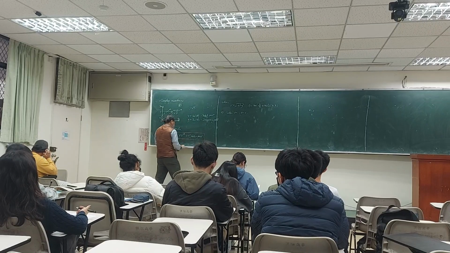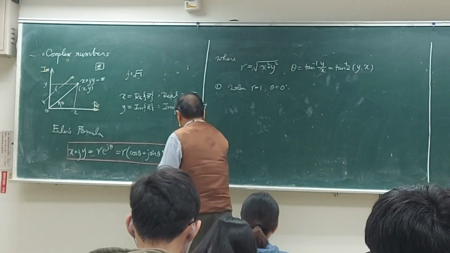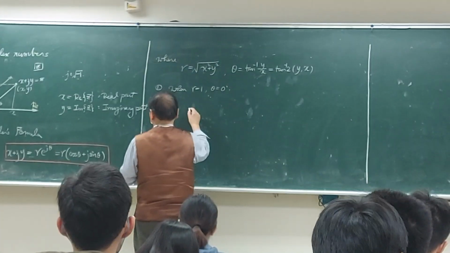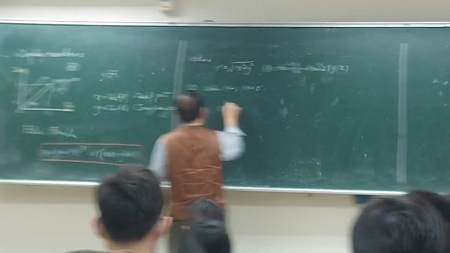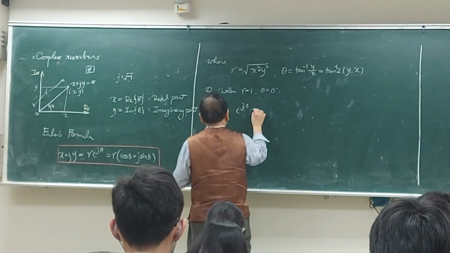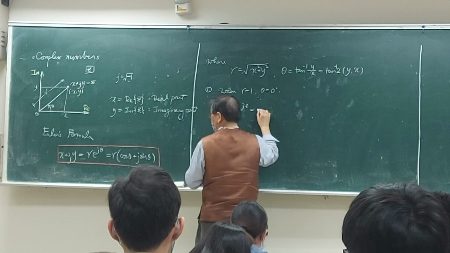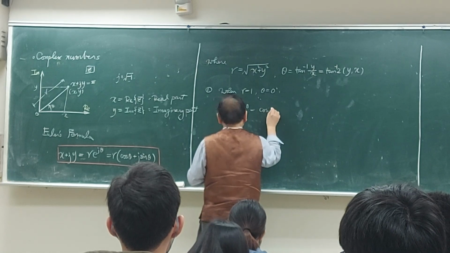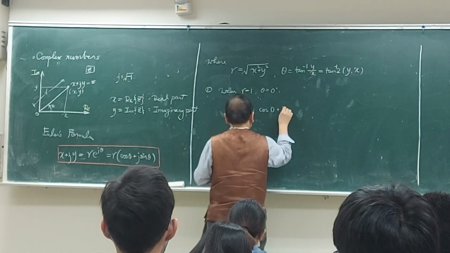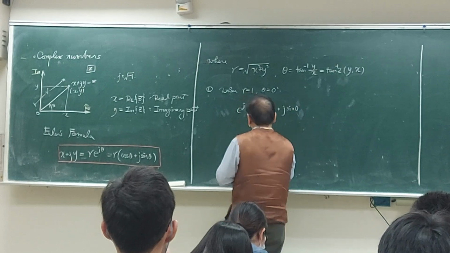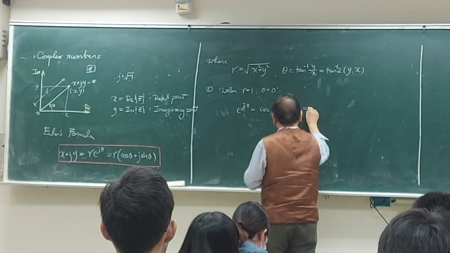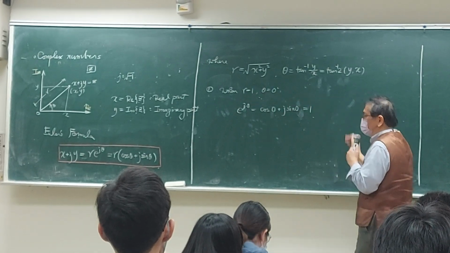This is the formula. We have e to the j times 0 degree equals cosine of 0 plus j times sine of 0. And that is 1. So no big deal here. Nothing new.